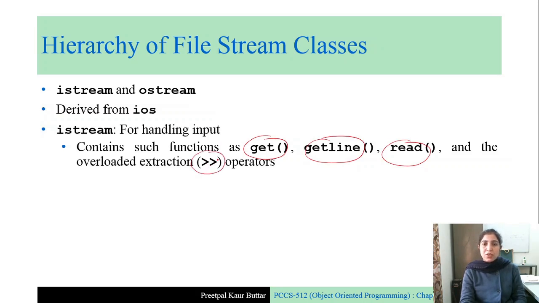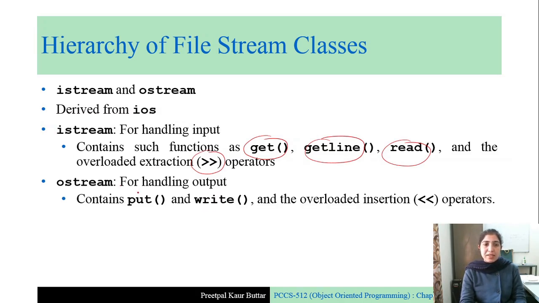So all these operators and functions are used to read the data from the file. Then we have ostream, which is used for handling output. It contains functions such as put and write and the overloaded insertion operator. So these operators and functions are used to write the data to the file.